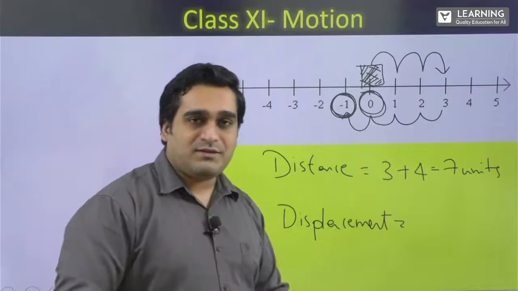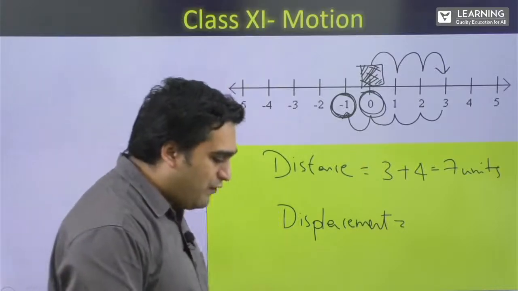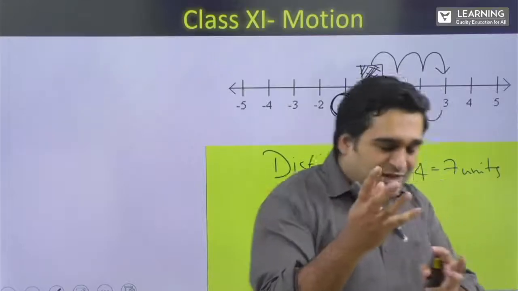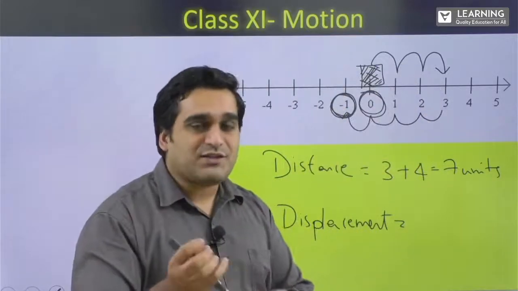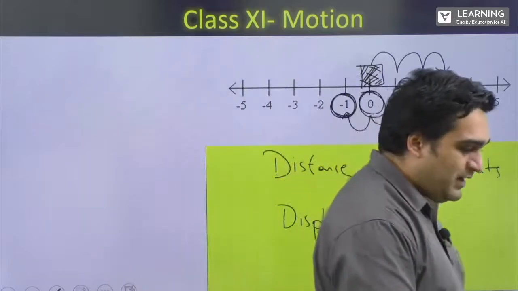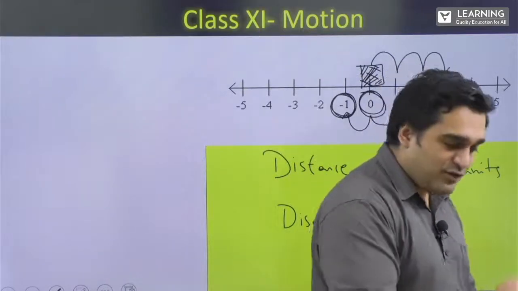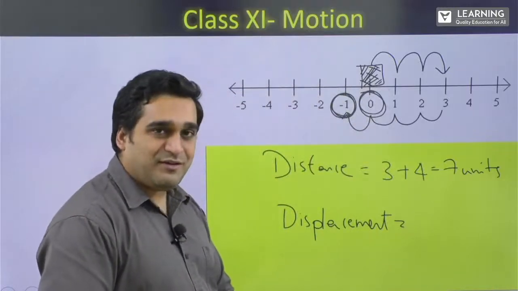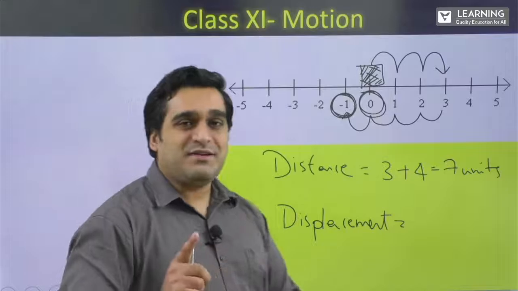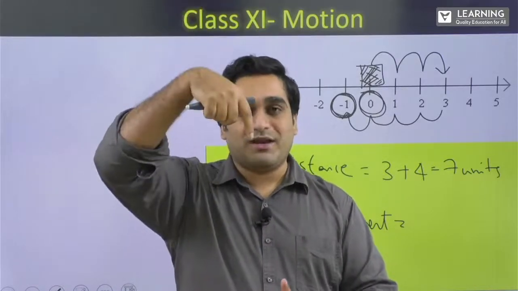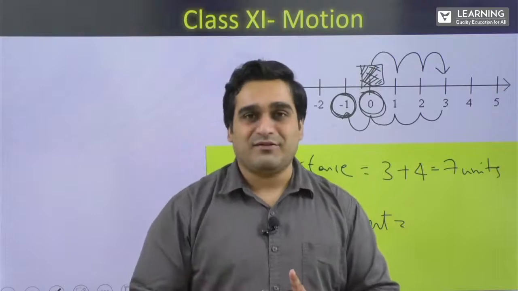Now remember this, that when you walk forward, a mathematical sign that you can give is a positive. When you walk forward, you give it a positive sign. And when you walk backward, what sign will you give? A negative. Similarly, going up is positive, going down is negative.